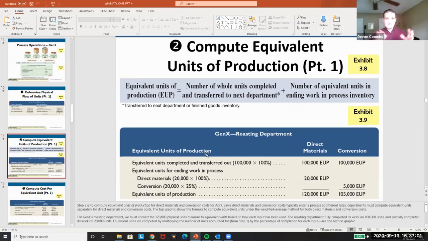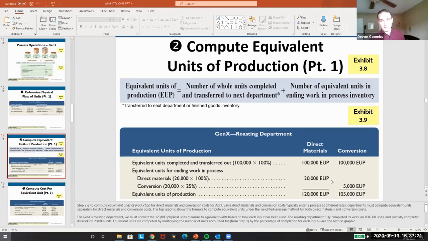Taking that to the big picture, what's the whole point of this? We're just allocating the cost to this can. So I know I spent $10,000 on aluminum this period, and that's my direct material, so I'm going to apply all $10,000 to these equivalent units. But maybe I spent $20,000 on conversion.